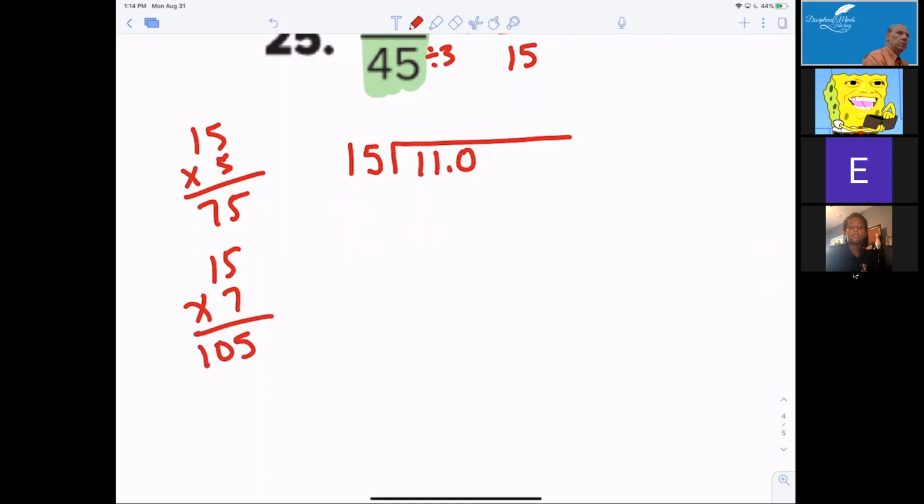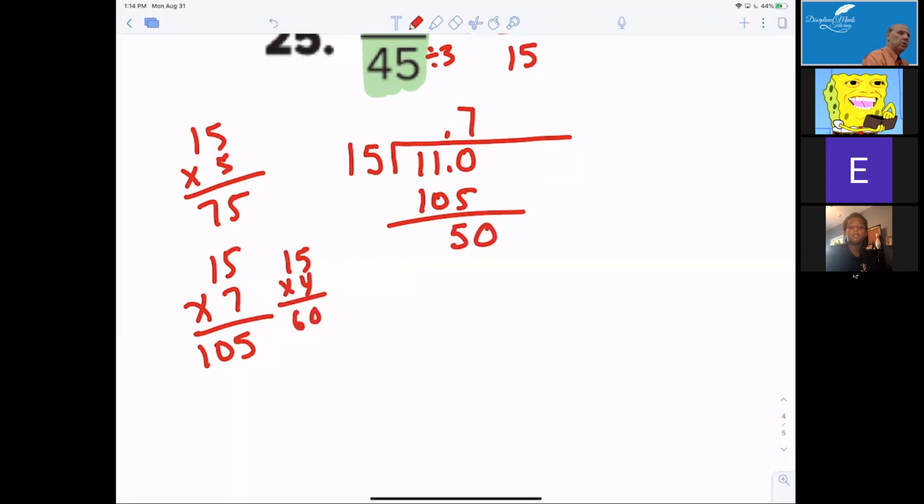Does that look good then? Yeah, right? So 0.7. Then when I subtract, what do I get? How many times does 15 go into 50? Okay, so I'm going to try it. 15 times 4. Oh, so it must be what?